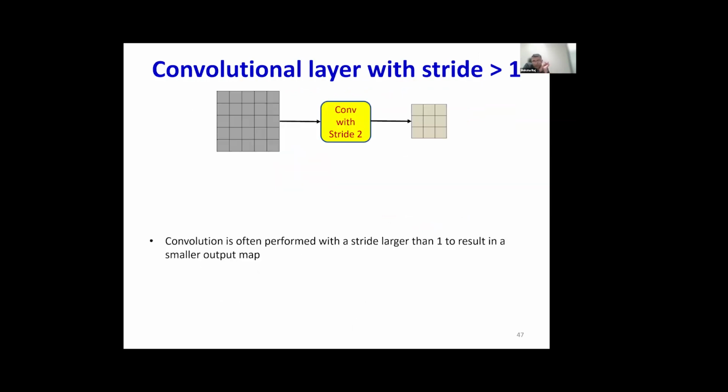I've just literally, this just looks like a downsampling operation. Now, in your convolutional neural network, very often you're going to see convolution with a stride greater than 1. If I see convolutions with a stride greater than 1, then the size of the output is going to be smaller than the size of the input, right? Yes or no? How would you perform backpropagation through a convolution with a stride greater than 1?